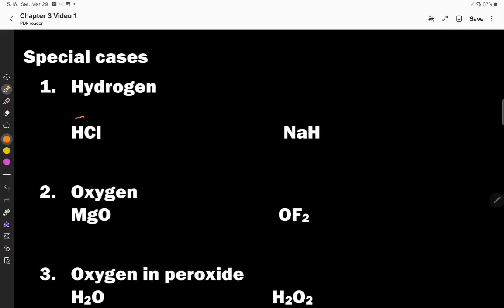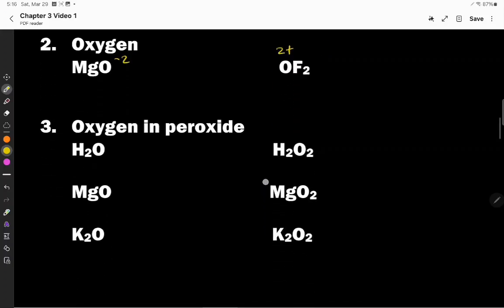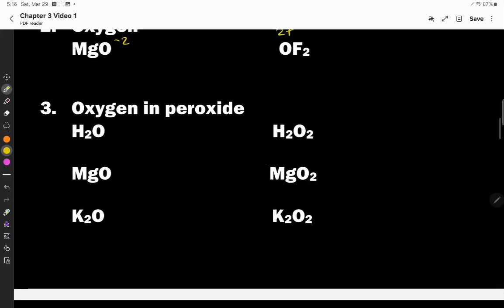We said if it is here hydrogen positive, but here it will be negative. We have oxygen. Oxygen has cases, here it will be 2 negative, but with an element which is more electronegative, it will be 2 positive. Here we have oxygen in peroxide. In normal cases, oxygen is negative 2, but in peroxide, H2O is 2 negative, but H2O2 it will be 1 negative.